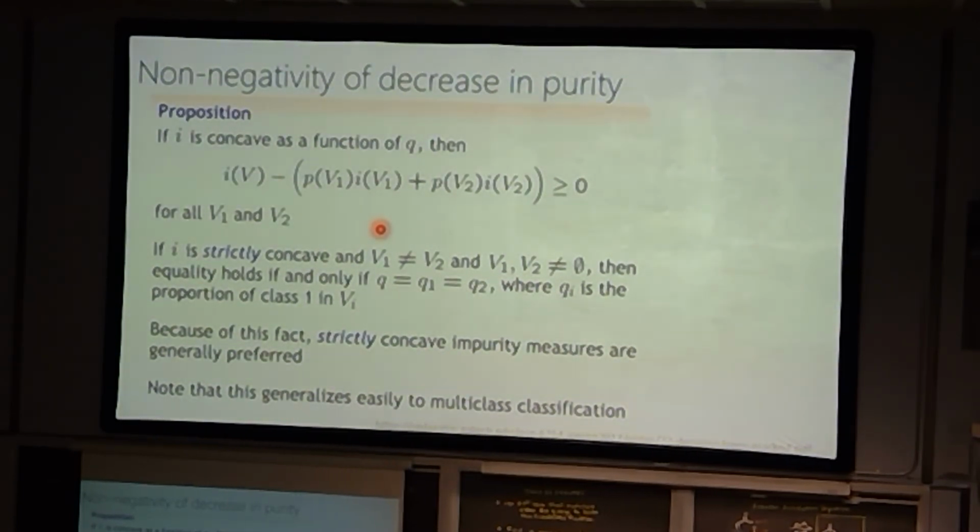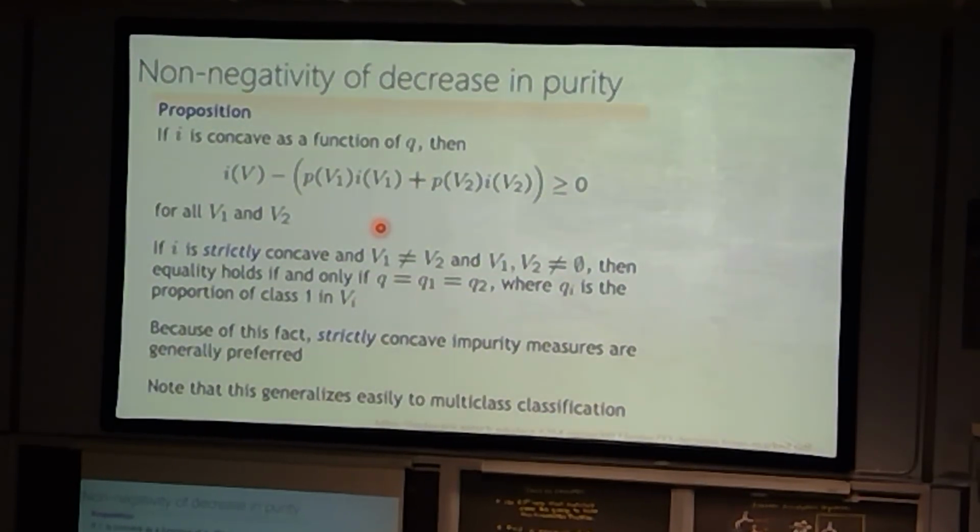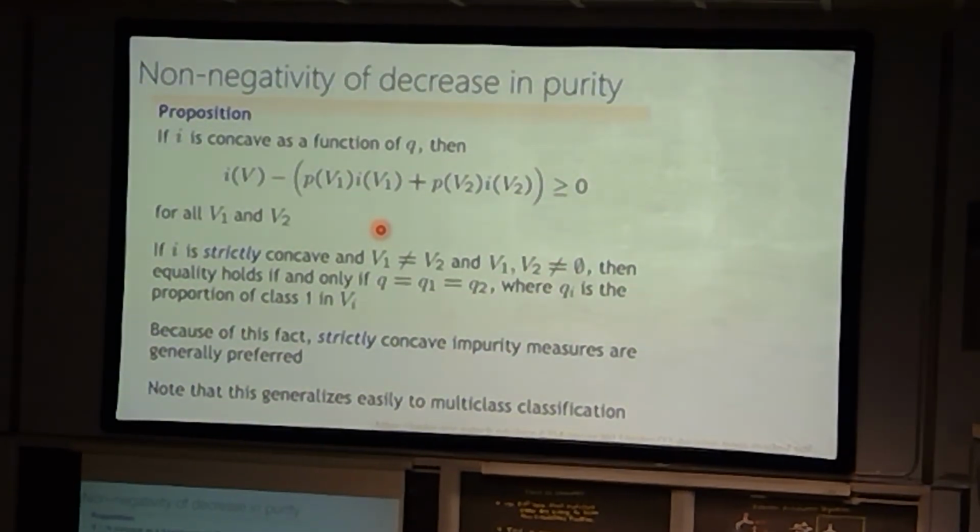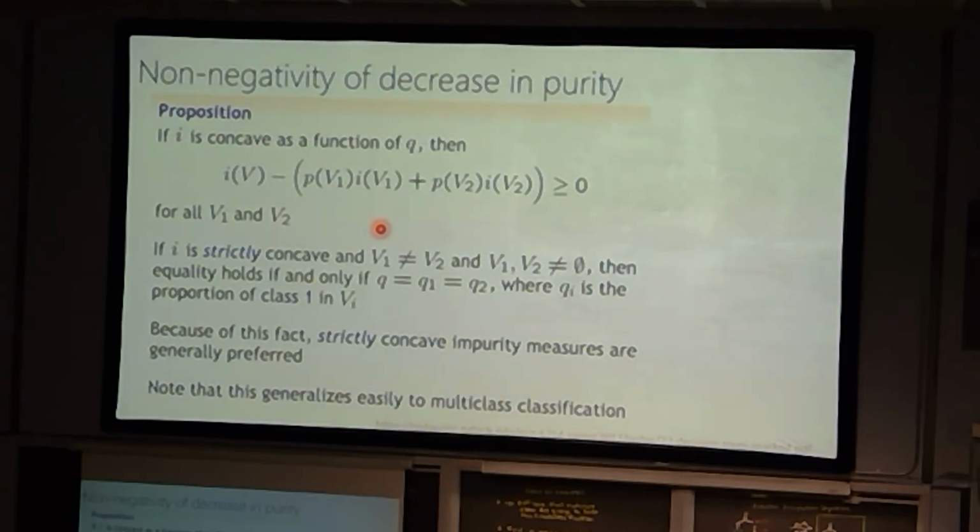Intuitively, misclassification rate has a threshold effect. I'm classifying things by whether they're greater than or less than 0.5 in the binary case. Whereas with entropy, there's no thresholding effect, and with Gini impurity, I'm using the full probability distribution. So that's the main intuition: misclassification rate is not very sensitive to the partitioning.